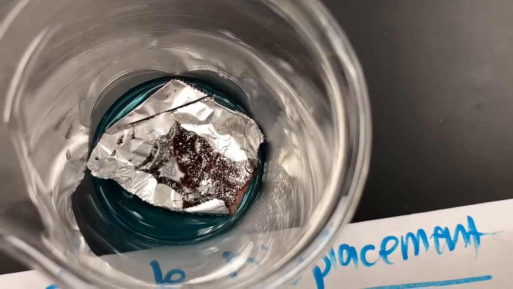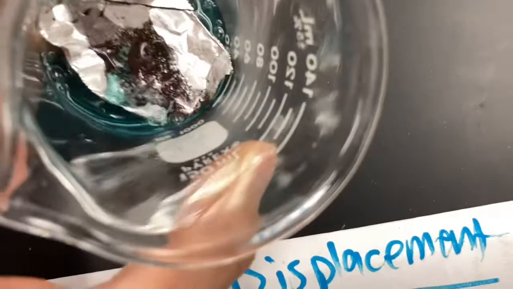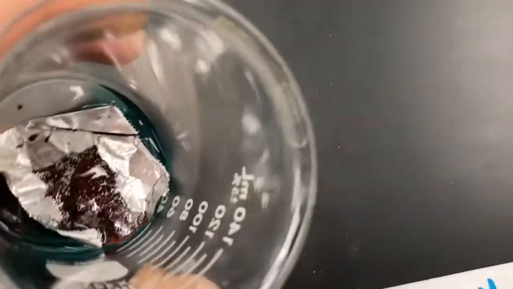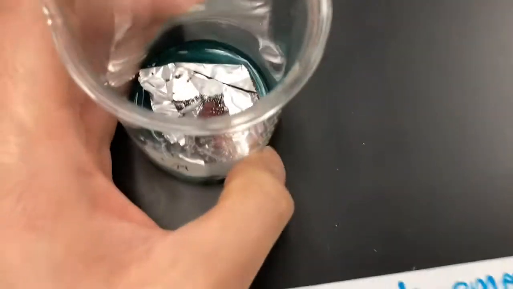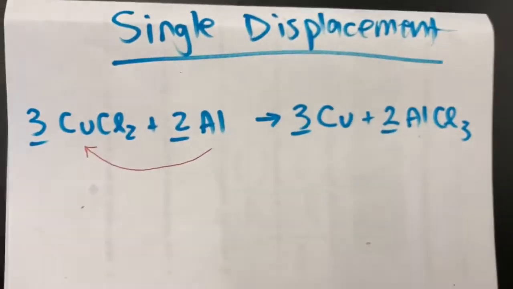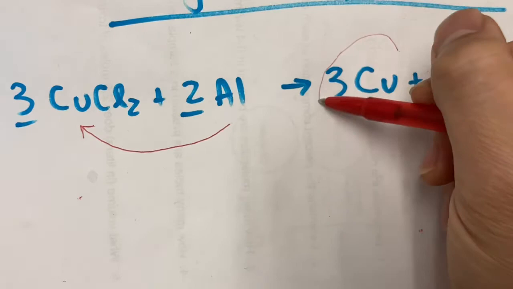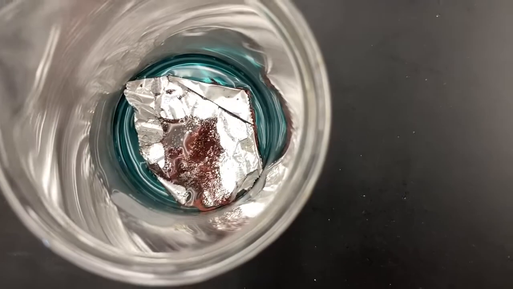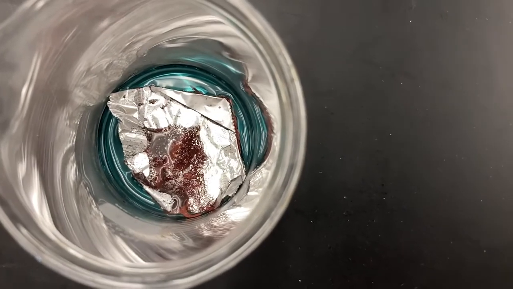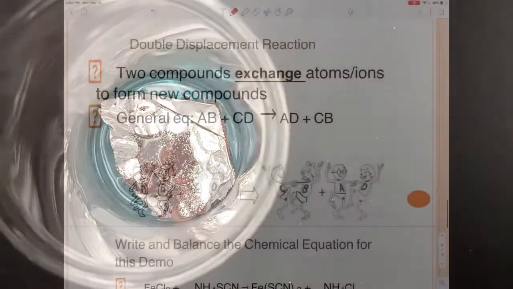We can see that if I switch this around, right? So what's going on here is that we're actually forming this copper metal here, as you can see there. Okay, and that's a single displacement reaction.